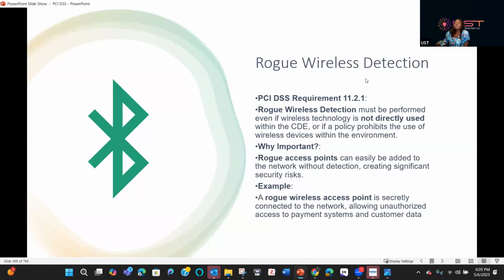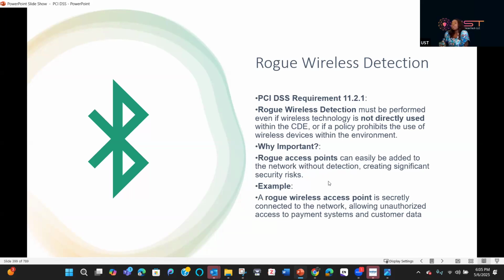But still, you can also have rogue wireless detection. This is in line with PCI DSS requirement 11.2.1, which says that rogue wireless detection must also be performed even if wireless technology is not directly used within the CDE, or if a policy prohibits the use of wireless devices within the environment. We know of rogue, right? Why is this important? Because it can easily be added to the network without detection, creating significant security risks.